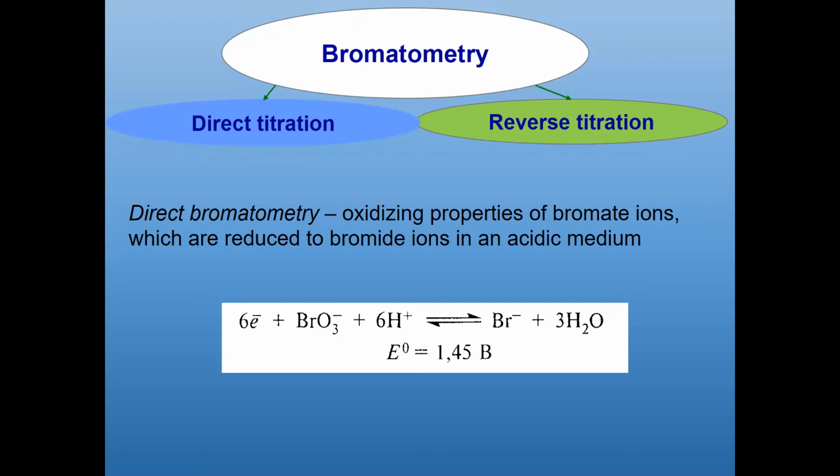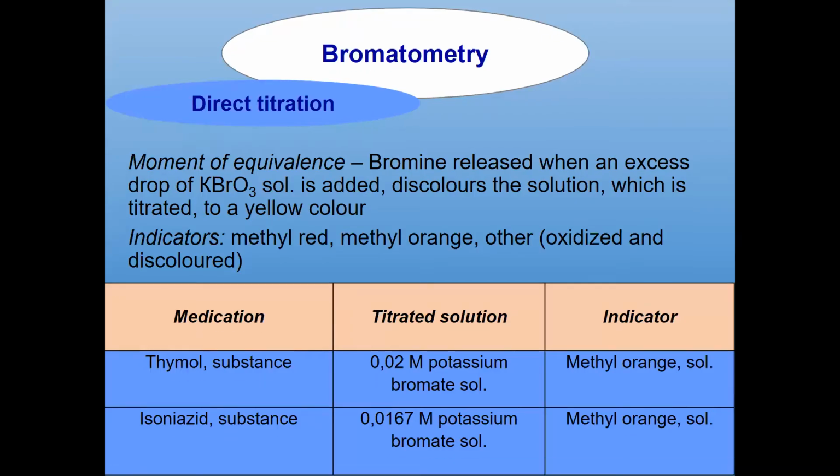Bromatometry: direct titration and reverse titration. Direct bromatometry uses the oxidizing properties of bromate ions, which are reduced to bromide ions in an acidic medium. At the moment of equivalence, bromine is released when an excess drop of potassium bromate is added.